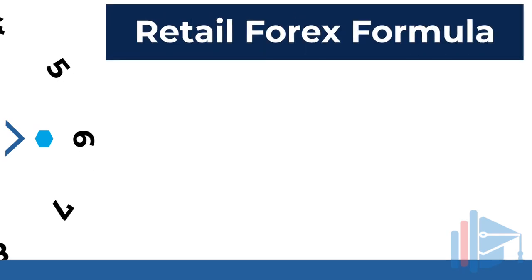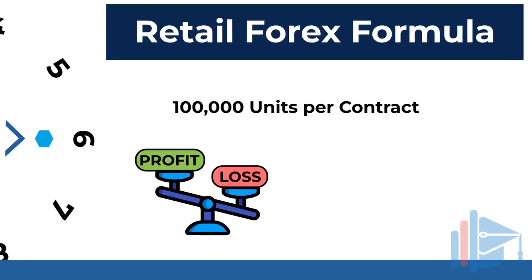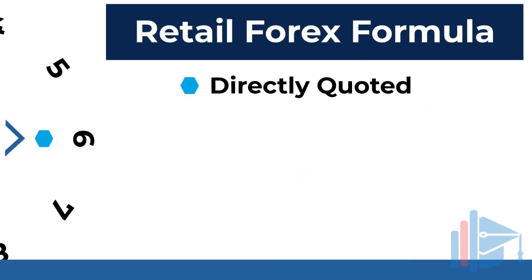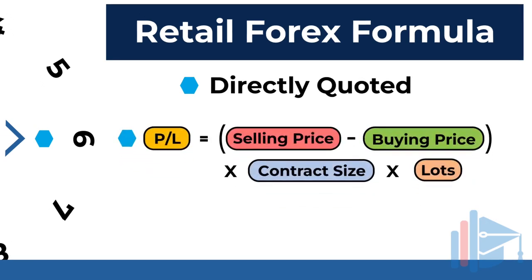In retail Forex trading, standardized contract sizes are used, meaning trades are typically conducted in 100,000 units of the base currency per contract or lot. The formulas for calculating profit and loss differ slightly depending on whether you're dealing with directly quoted, indirectly quoted, or third currency pairs. Directly quoted, for example, Euro USD and GBP USD: P&L is equal to selling price minus buying price times contract size times lots.